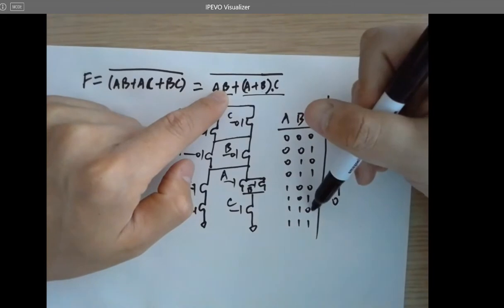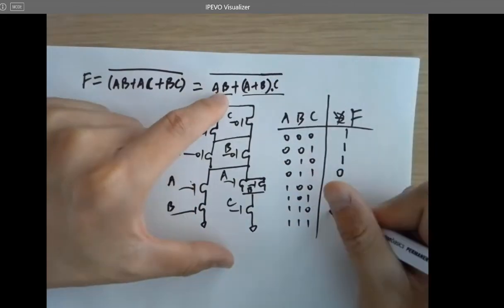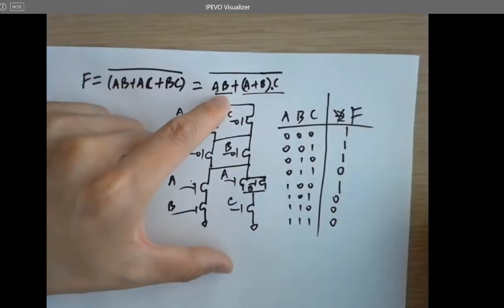This will be 0 because C is 0, and 0 and something is 0. And this is 1 bar 0. 1, 1, 1, all ones, 0.